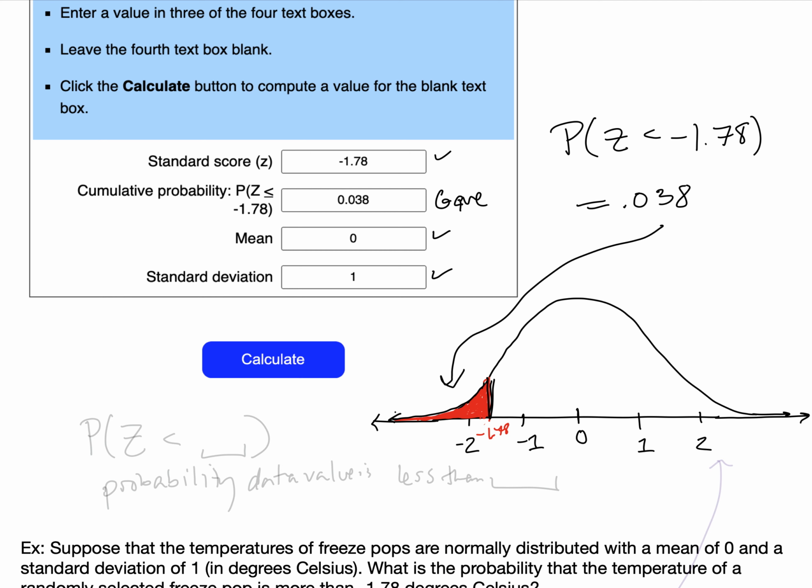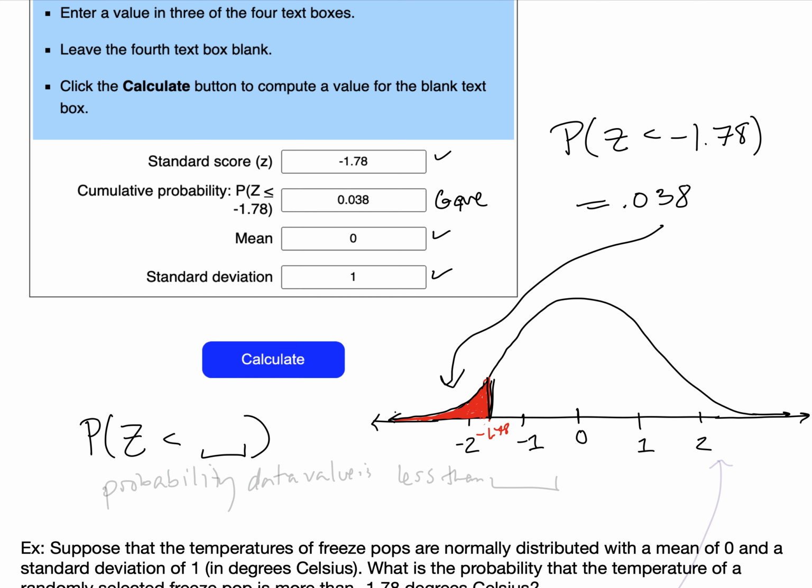Many computational devices like this one tend to give the probability that z is less than a particular value. They always give the probability that z is less than something, whatever we plug in. And if you use a table to find standard normal probabilities, it will do the same thing.